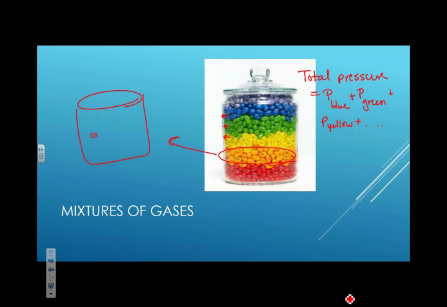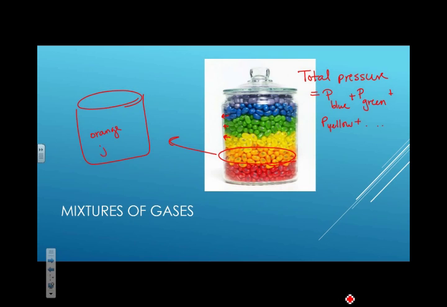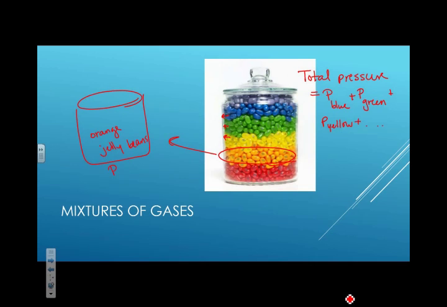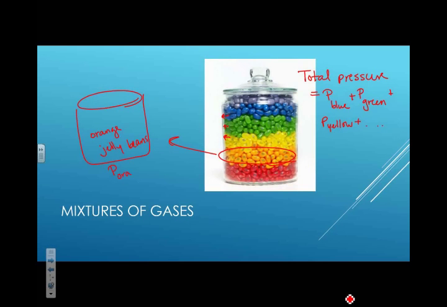If these were all the orange jelly beans, the pressure on this container from the orange jelly beans would be the same as the pressure in this container from the orange jelly beans. So the orange jelly beans don't really care whether they're alone or whether they're with other jelly beans because they're still going to be running into the sides of the container and having the same amount of pressure.